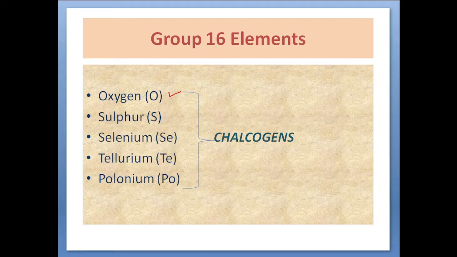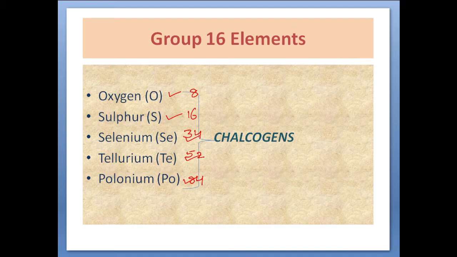In this, oxygen atomic number is 8, sulfur atomic number is 16, selenium atomic number is 34, tellurium atomic number is 52, polonium atomic number is 84.